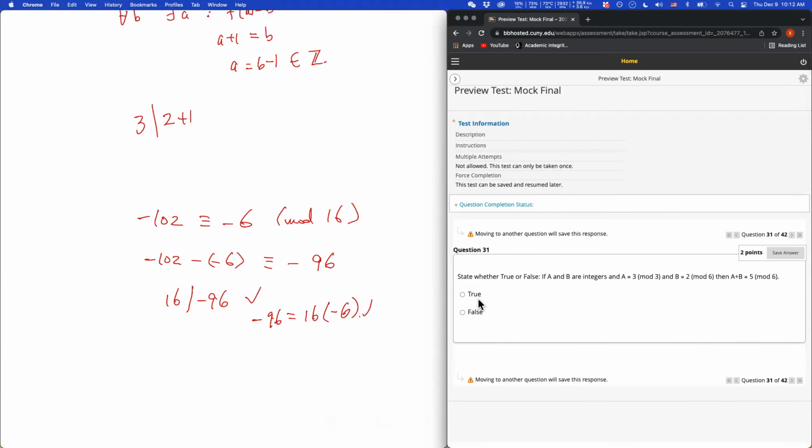Okay, next. We have if a is congruent to 3 mod 3, and b is congruent to 2 mod 6, then a plus b is congruent to 5 mod 6. Is that true?